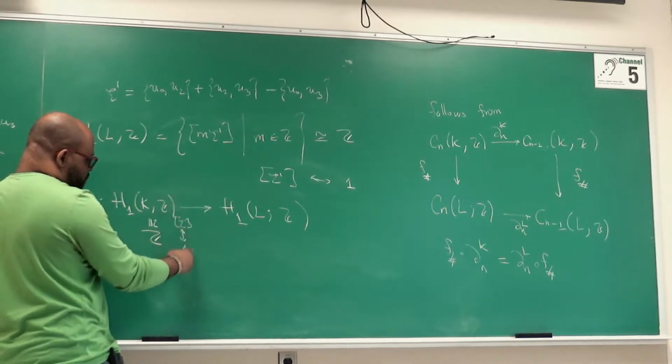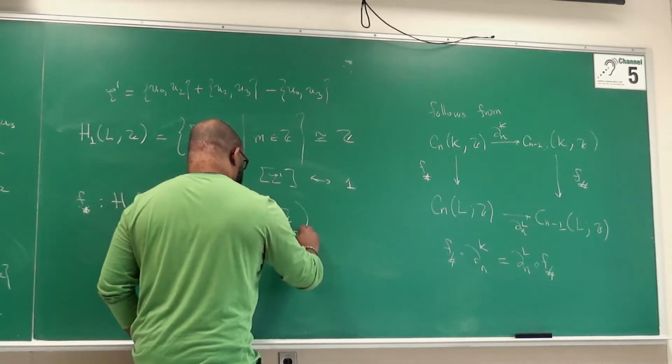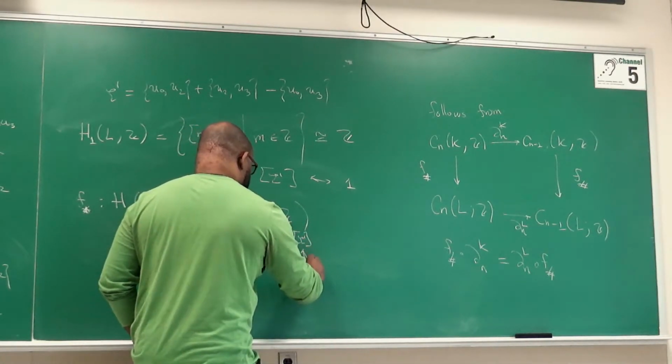So going around zeta 1 time. And here, this is also Z, but here we're taking zeta prime and making it our number 1.